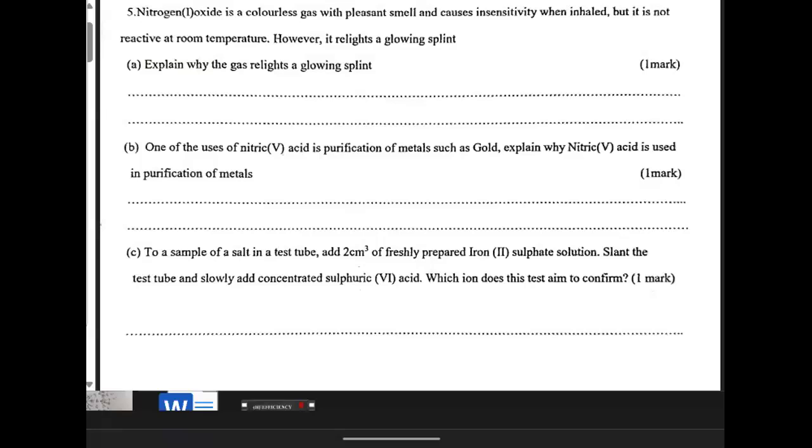Then we have another question down there, still on acids.